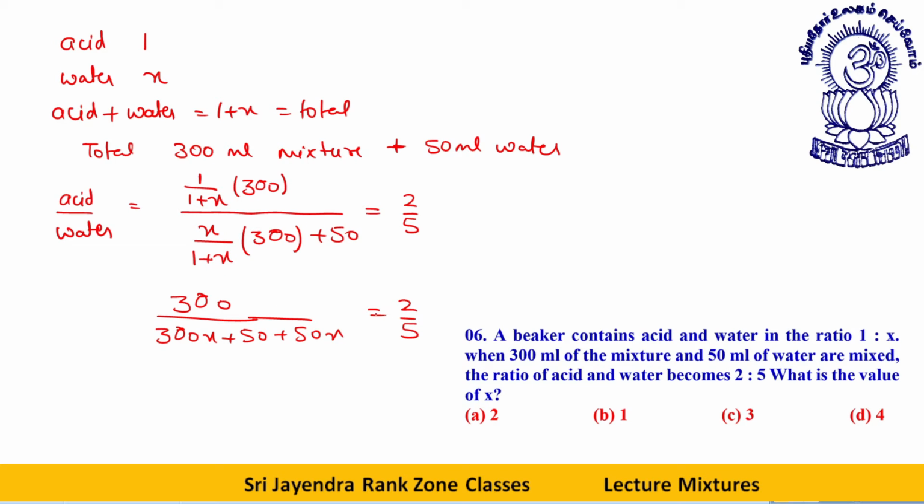So now if I cancel this 2 by 300, I get 150. So 150 into 5 will be 750 is equal to this multiplied 300x plus 50x, that is 350x plus 50, or I can say 350x is equal to 700, that is x is equal to 2. The ratio was 1 is to x or 1 is to 2. This is your answer. Okay, dear students.